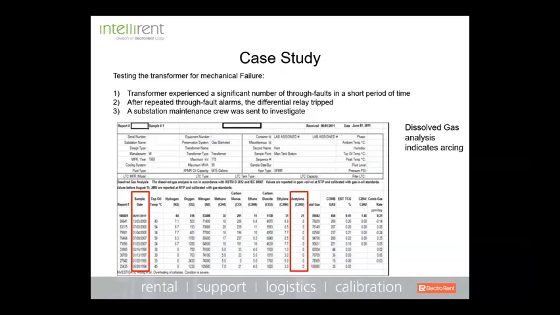So we sent a substation maintenance crew out to investigate. And of course, the very first thing you always do when you go to investigate an issue as such is you want to do your DGA. And you'll see here, and DGA is, of course, we keep a historical record of what those measurements have been over time during our maintenance testing. And you'll notice here the acetylene went from 0 all the way up to 21. Now, that's a serious indication that we have a problem right off the bat.